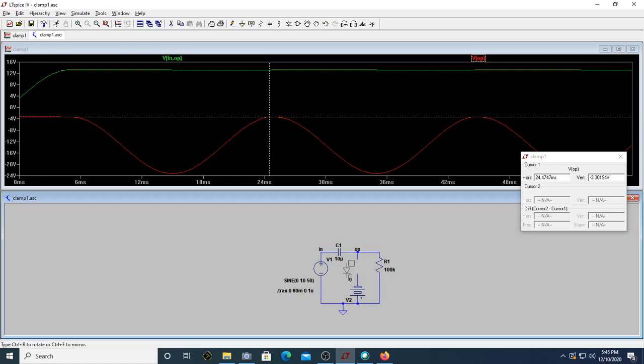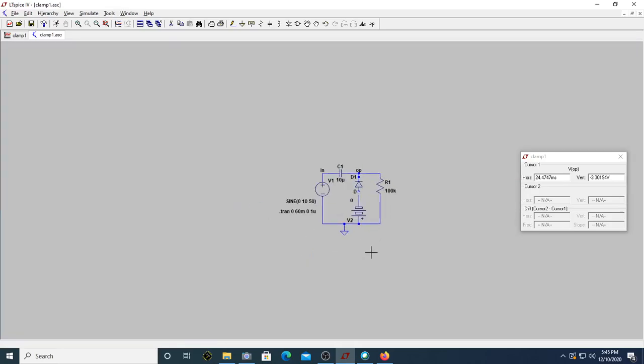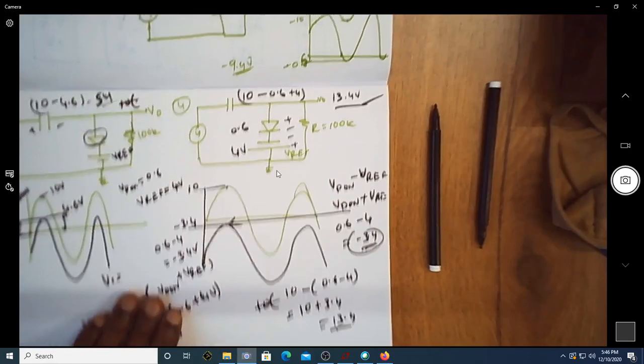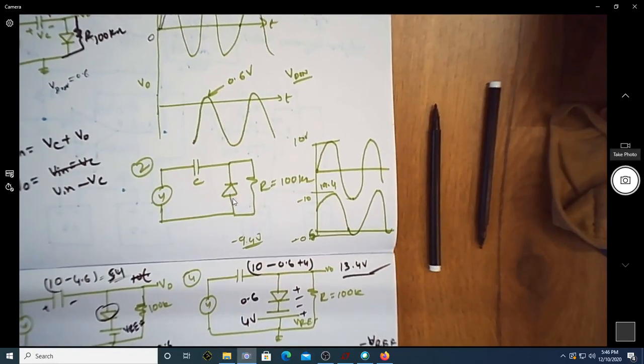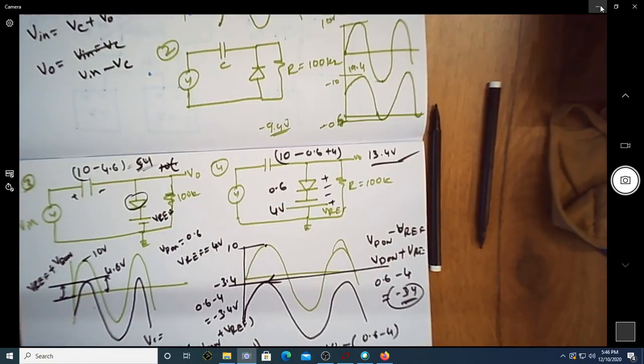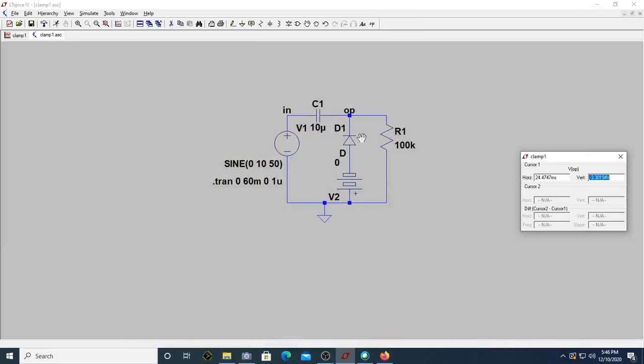Let me take this diode, reverse it, and put it like this. Okay, this is my diode. Since I made it equal to 0, this is equivalent to this circuit, where even though I have a battery, that battery is made 0 volt. So this should result in the negative peak clamped to minus V gamma.